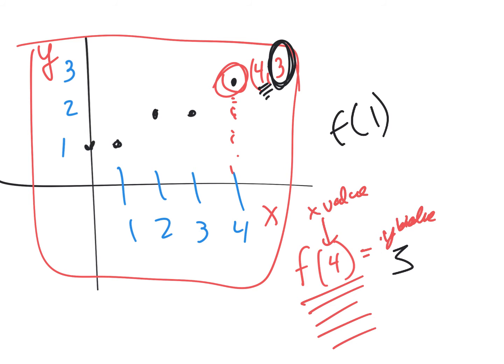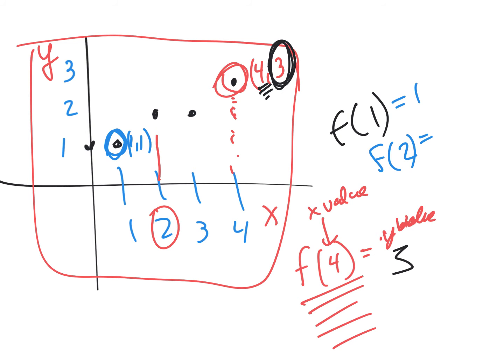Kieran, what's f of 1? 1. Yep, it's right here. And that's the point 1 comma 1. So you stick in a 1, you get a 1. What's f of 2? Josh, what's f of 2? Yep. Here's where a 2 is.